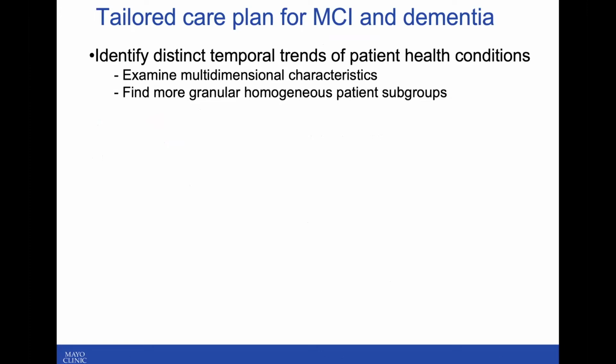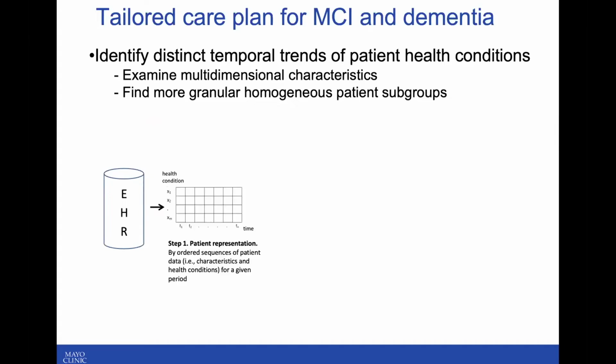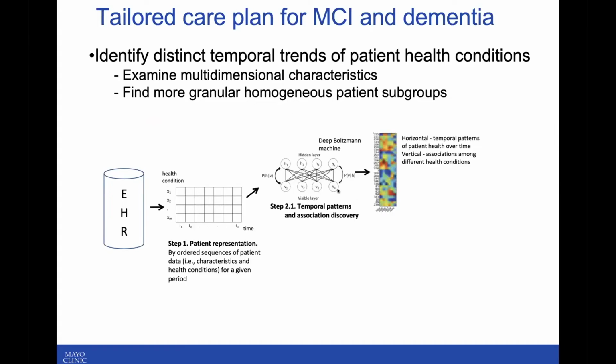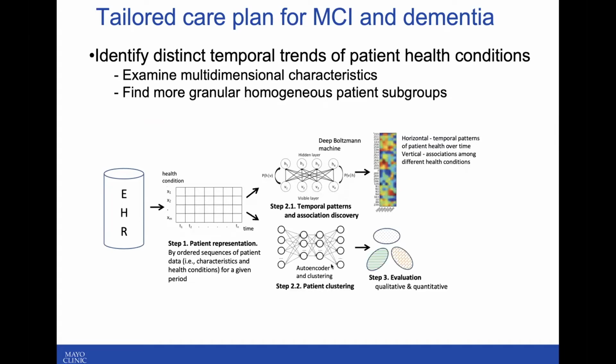We can identify distinct patient temporal trends by examining multi-dimensional patient characteristics, so they can find more granular, homogeneous patient subgroups. From the EHR, we can extract patient temporal health conditions and apply machine learning and deep learning to identify subclusters of patients and associate them with subtypes of cognitive impairment.